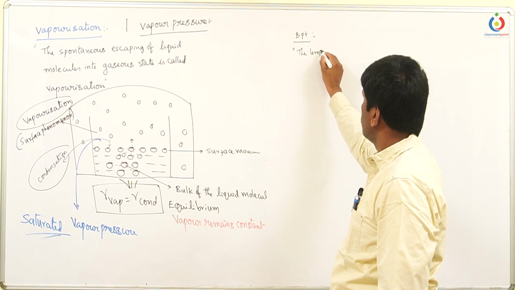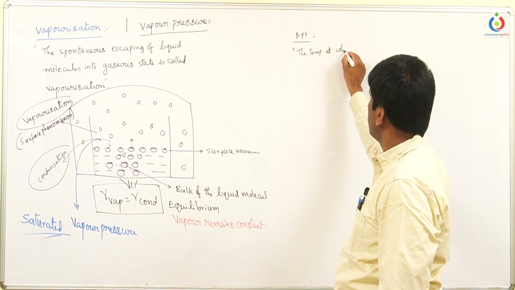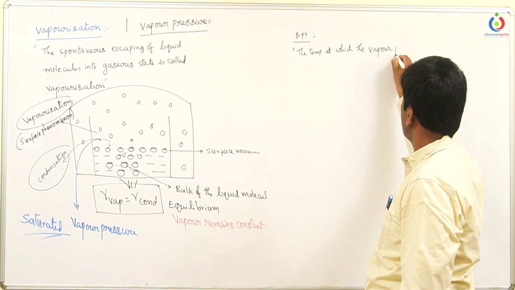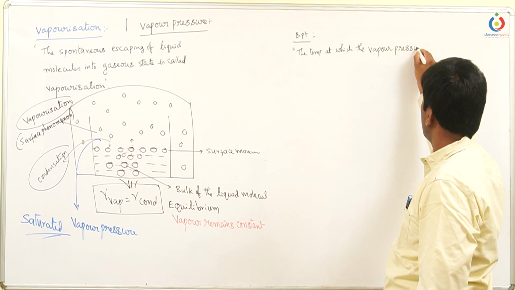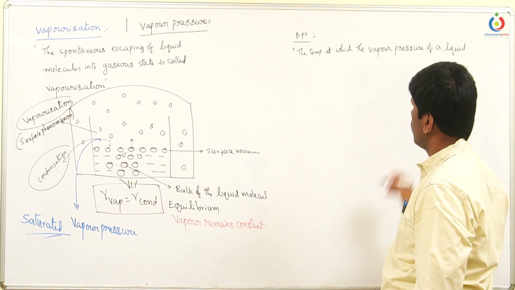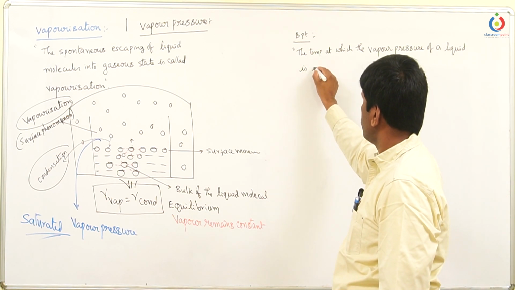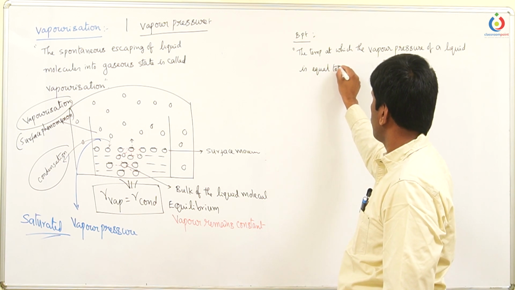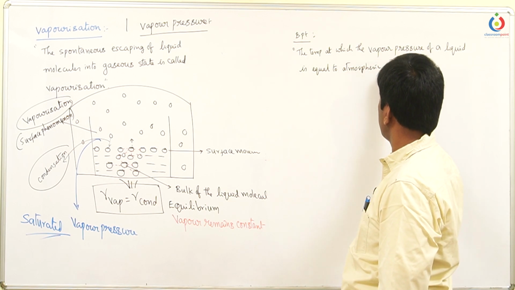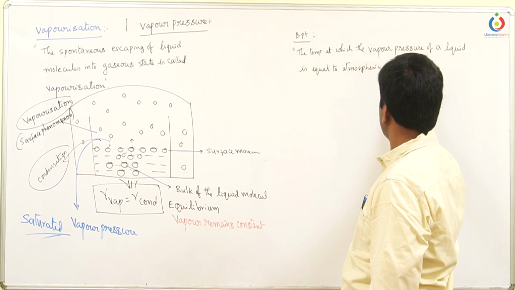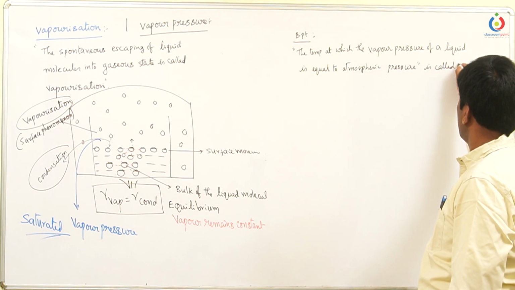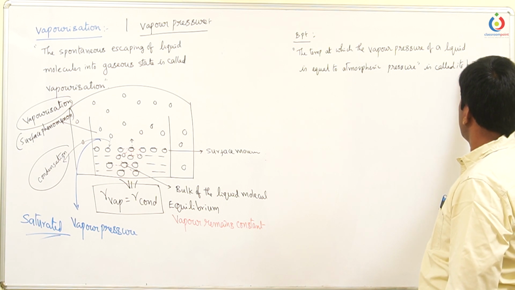The temperature at which the vapor pressure of a liquid is equal to atmospheric pressure is called its boiling point.